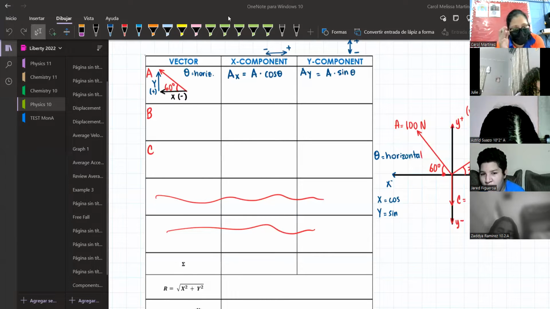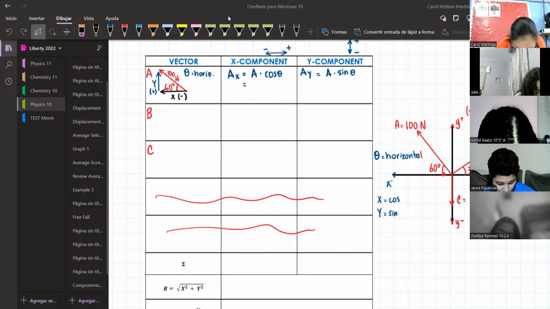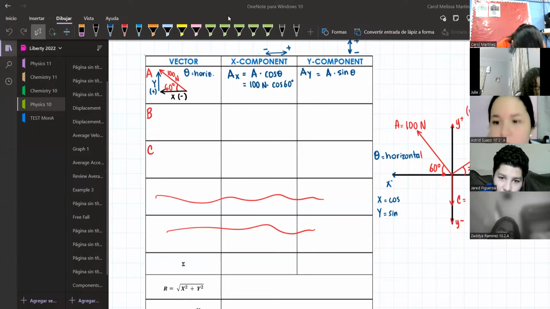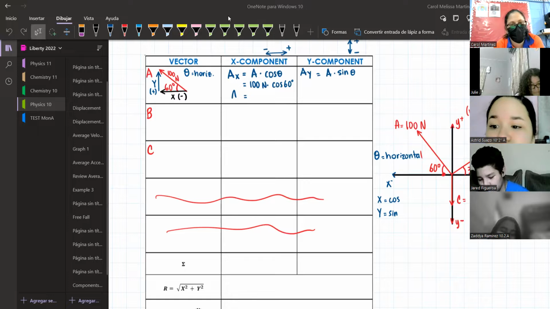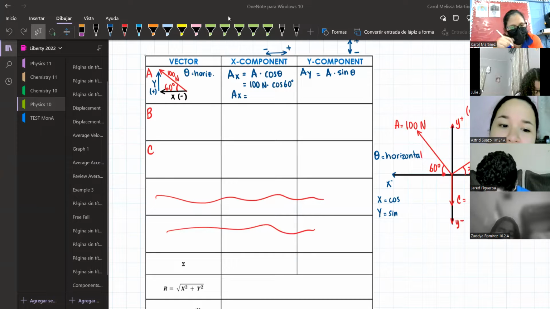And now we're going to replace by the given, okay? The value of A is the value of the vector. This vector is 100 Newton. You can see it in the sketch. So 100 Newton cosine of 60 degrees. How much is this?